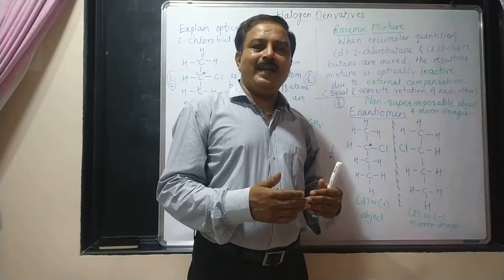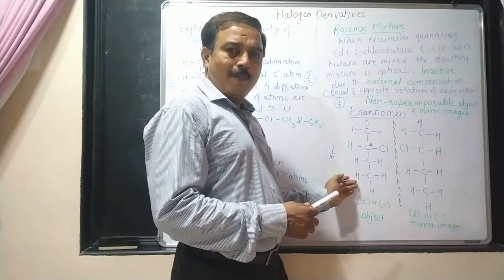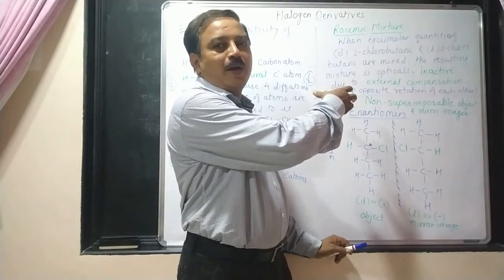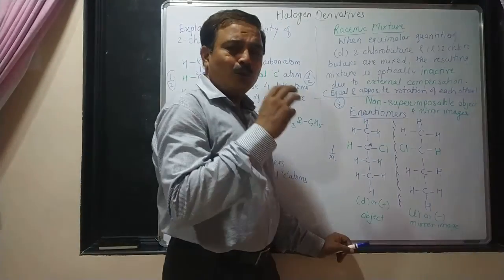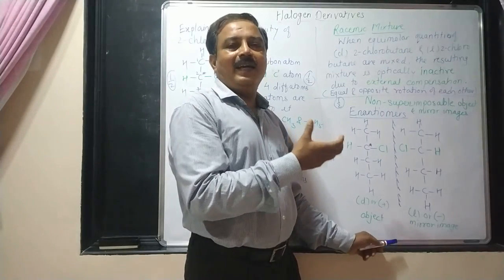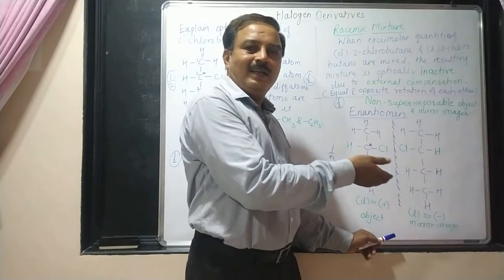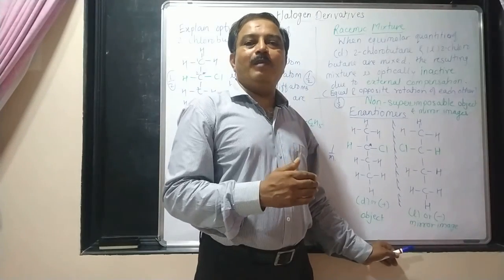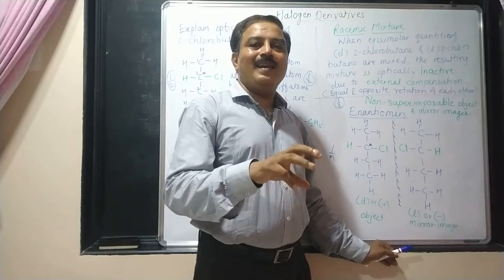Why? Because the dextrorotatory compounds will rotate plane polarized light in a clockwise direction through a certain angle. At the same time, an equal number of levorotatory molecules present in the mixture will rotate the plane polarized light through an equal angle in an anti-clockwise direction. So the resulting mixture will be optically inactive. That is called external compensation.